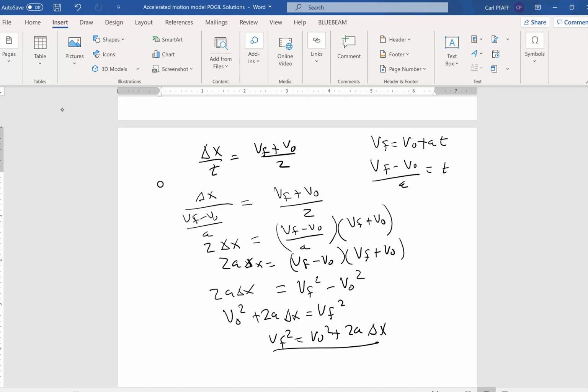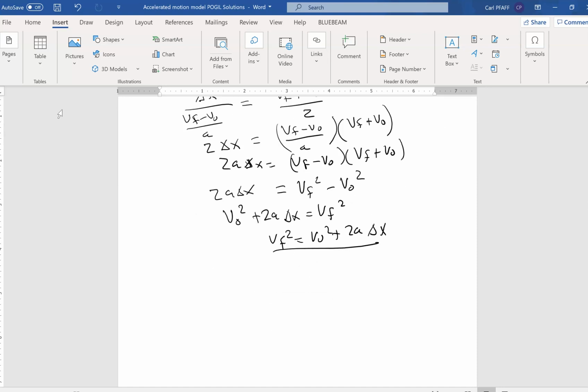So now we really end up with several equations that we can use: VF equals V naught plus AT, VF squared equals V naught squared plus 2A delta x, and x equals x naught plus V naught t plus 1/2 of AT squared.